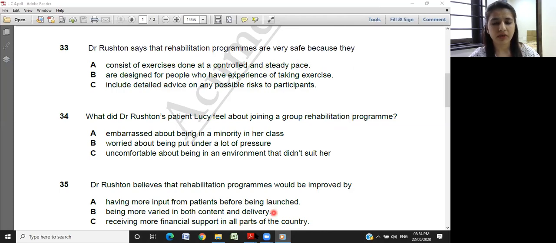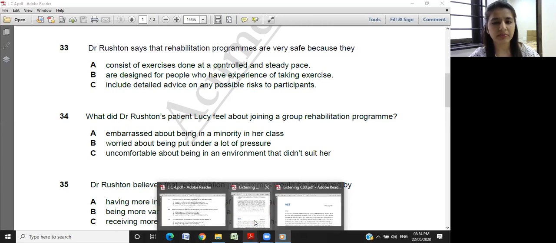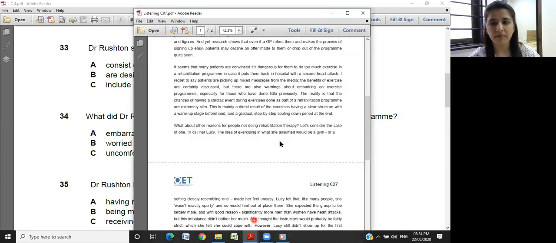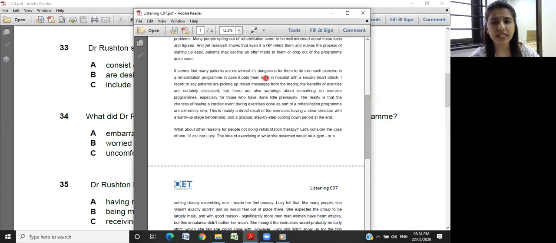Now, B, there was something about B as well, but if you see, that was mentioned as a fact. They have mentioned here that the benefits of exercises are certainly discussed, but there are also warnings about embarking on exercise programs, especially for those who have done little previously. But they are warnings, okay?